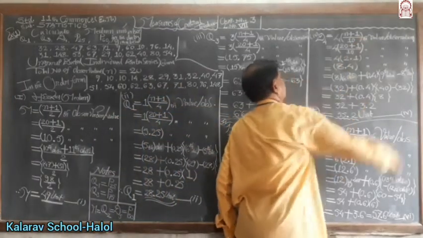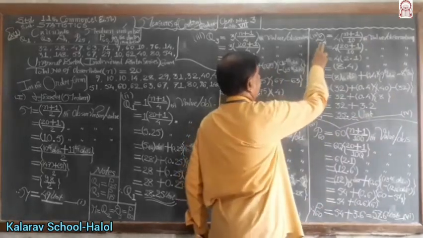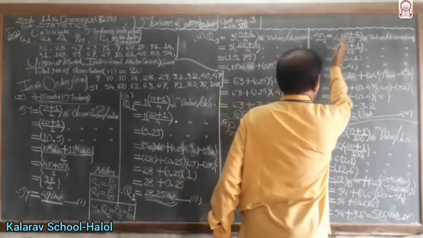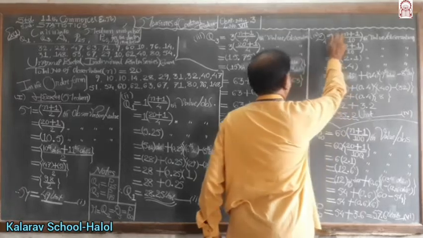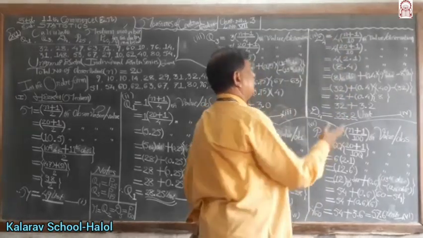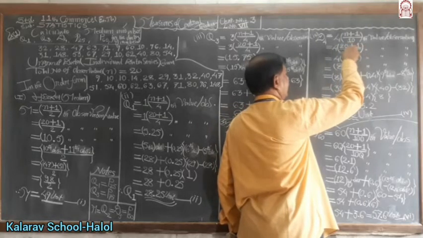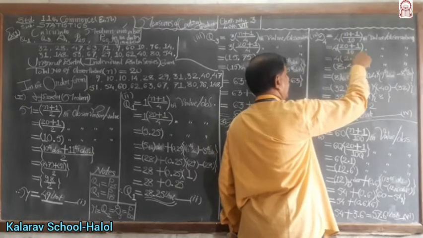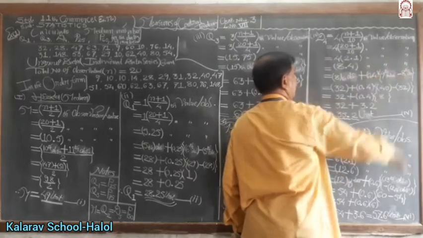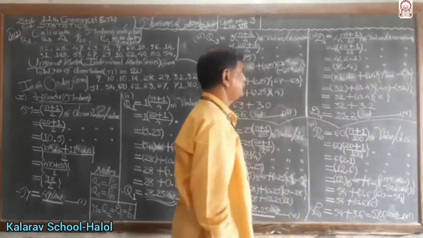If you want to calculate D4, then outside the bracket there is 4. Now substitute the value. N is 20, 20 plus 1 is 21, 21 by 10 is 2.1, 2.1 into 4 is the 8.4th value or observation.